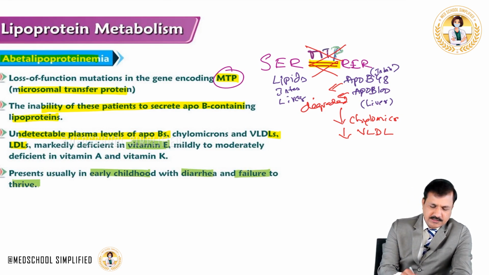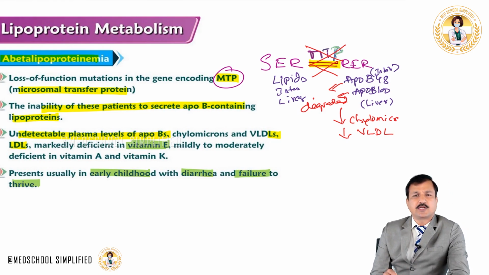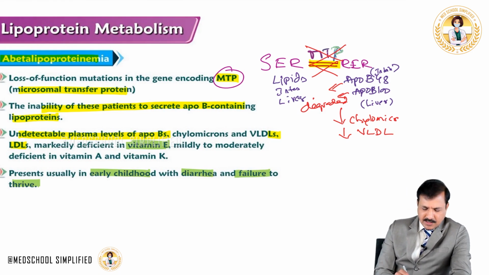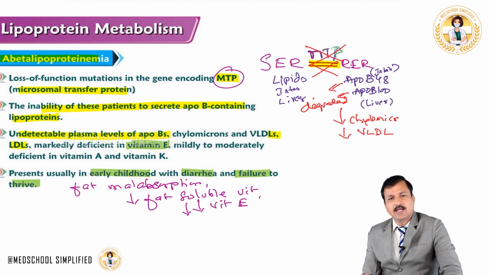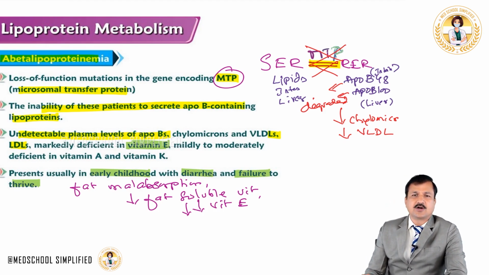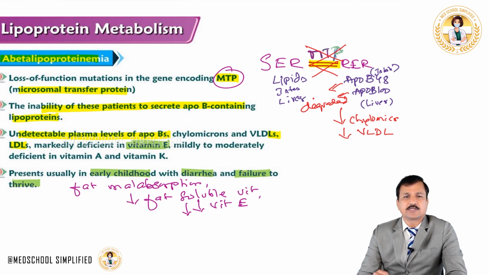And the majority of the signs and symptoms that we see in this disorder are because of the fat malabsorption in the intestine, and most importantly decrease in fat soluble vitamins, and most importantly in that is severe deficiency of vitamin E. And note that vitamin E has an antioxidant function, and it is going to protect our cell membrane.